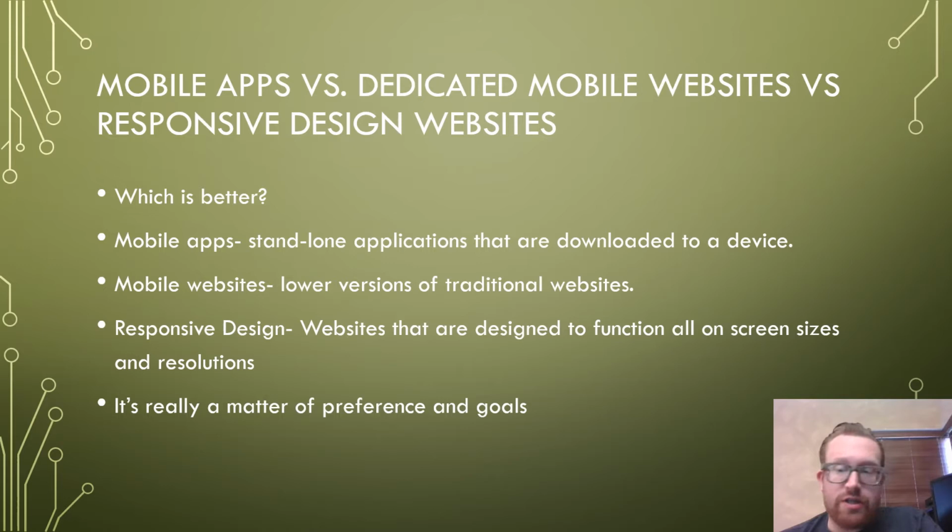And usually the way that you can tell it's a mobile version is if you type in the website, it will say m dot, then the website, or it'll say mobile dot, and then the website name. That's how you know you're using a mobile version of the website. Those are specifically designed to be used on mobile devices. You can still access them on a regular computer, you just need to know what the traditional website address is.